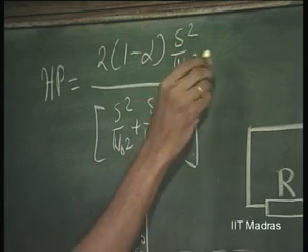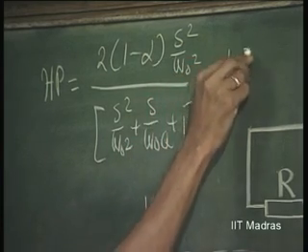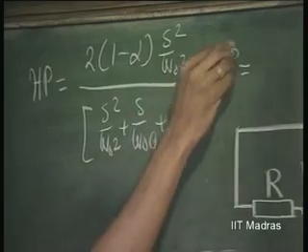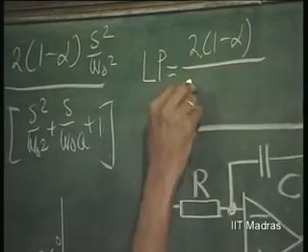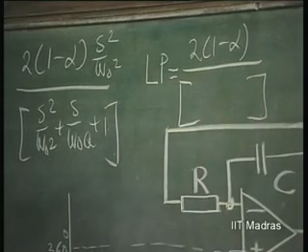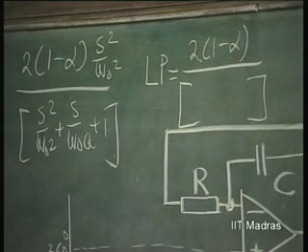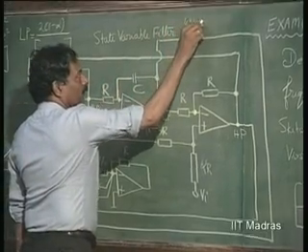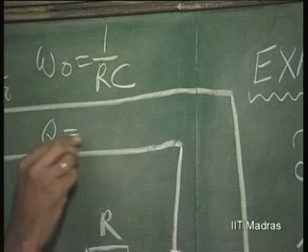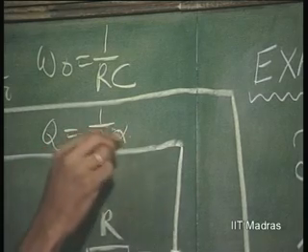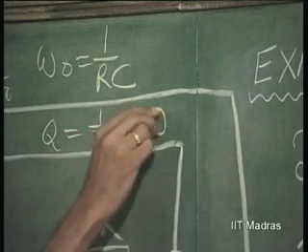This is high pass. Low pass is going to be 2 into 1 minus alpha divided by the same denominator, where omega naught is equal to 1 over RC, this we already know, and Q is equal to 1 over 2 alpha. This is required to be made equal to 100.